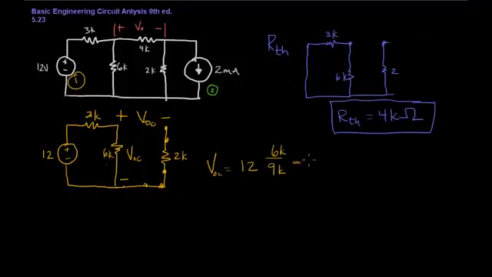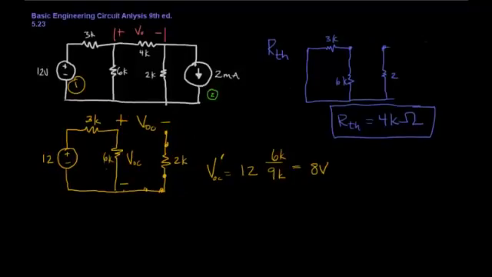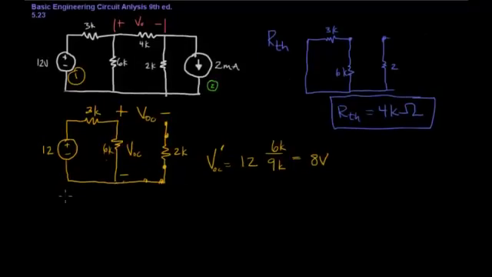And if you do that out, you'll find that the voltage is 8 volts. Okay, and let's give that a single prime. Okay, that was easy. Now let's look at the current source, and we'll remove the voltage source. So that's going to be a short.